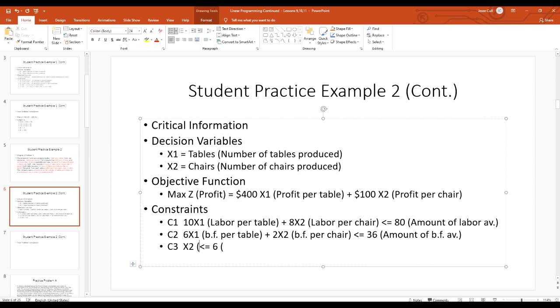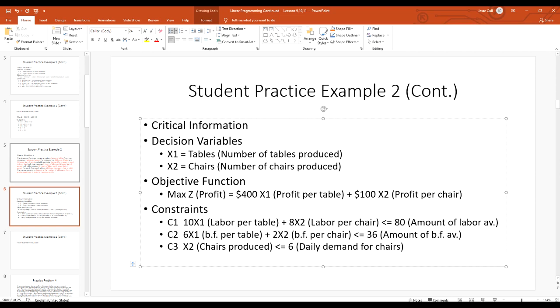So we'll put it in here. Chairs produced is less than or equal to daily 6. Daily demand for chairs.